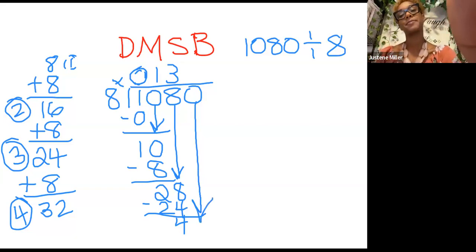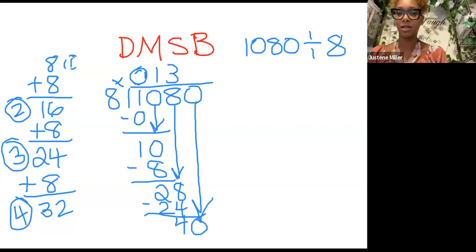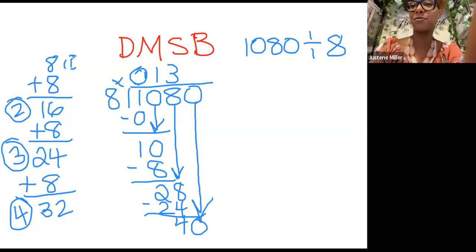And now I have 40. Well, how many groups of 8 are in 40? I didn't repeatedly add that far. So let me use my finger rolls. 8, 16, 24, 32, 40. 5 groups of 8 give me 40.